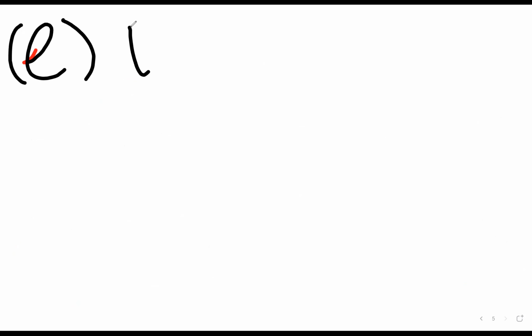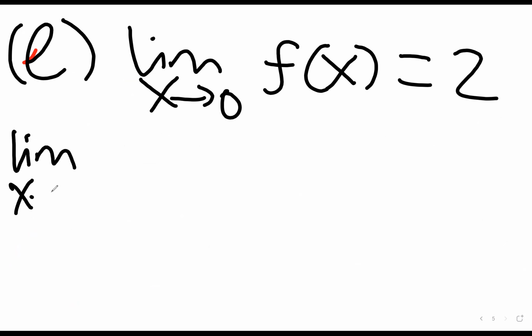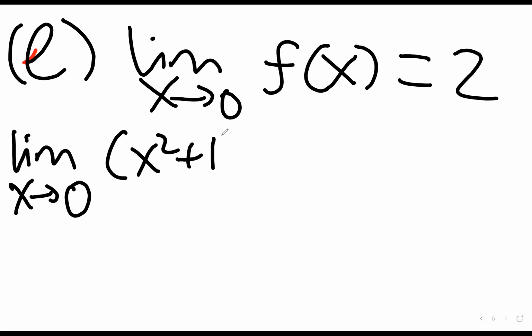Here, the limit as x tends to 0 of f of x equals 2. Then we want to know the limit as x tends to 0 of x squared plus 1 multiplied by f of x.